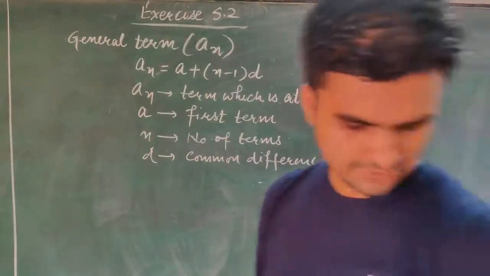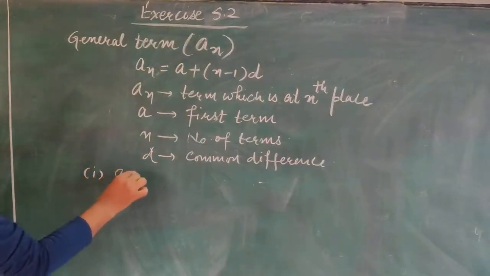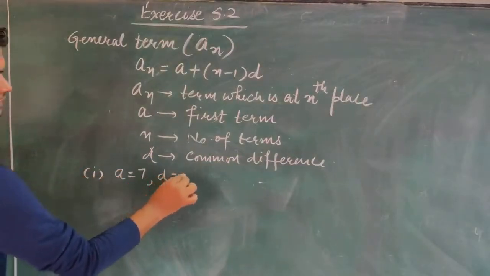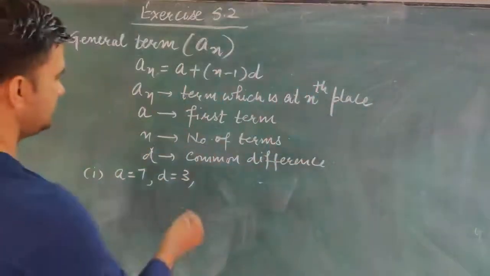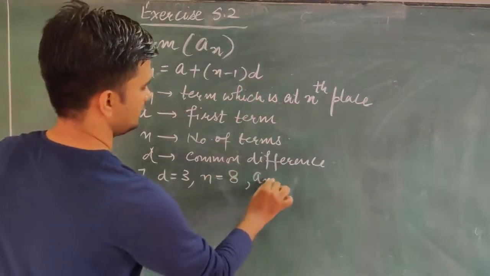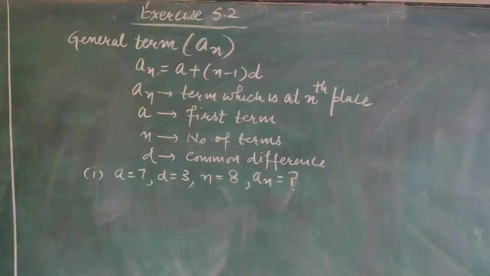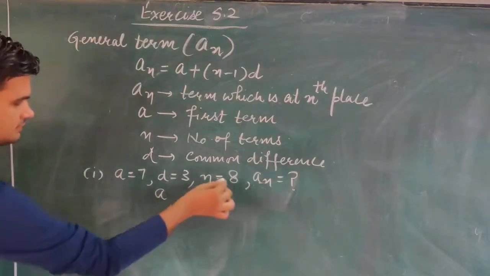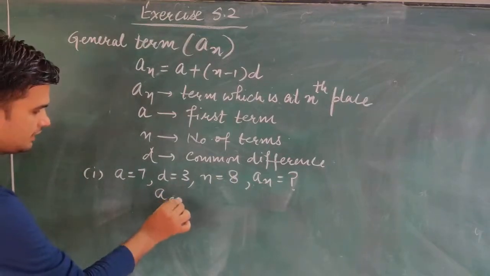A is given 7, D is 3, N is 8. Then find AN. Here N is 8, so we will find the term which is at 8th place.